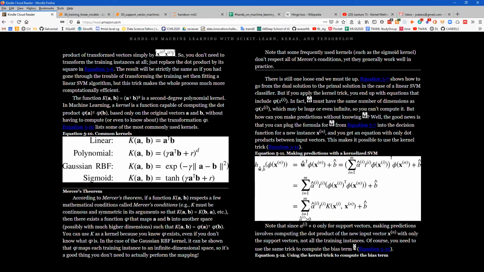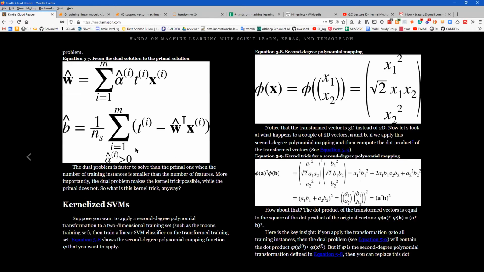Just one question here. Regarding this kernel function, if you can just go to the previous page. Here the equation is phi A transpose phi B is equal to A transpose B whole square. So the point he mentions below is that calculating phi A and transposing it, then calculating phi B, then the multiplication, is a compute intensive task, whereas A transpose B is a much easier task.